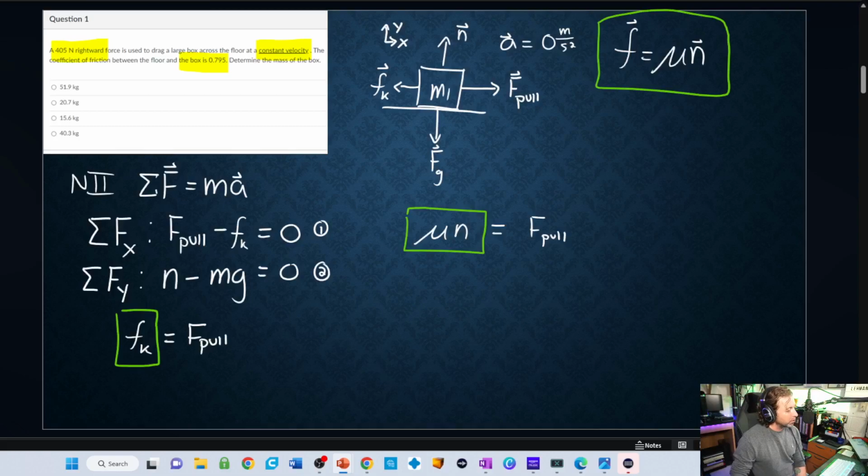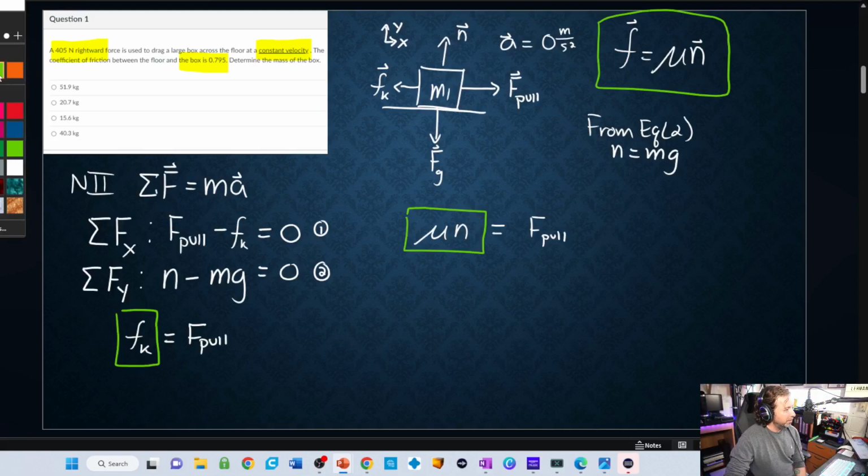So if we look at equation number 2, we can solve that for N. We can add this mg on over here. So from equation 2, we see that N is equal to mg.